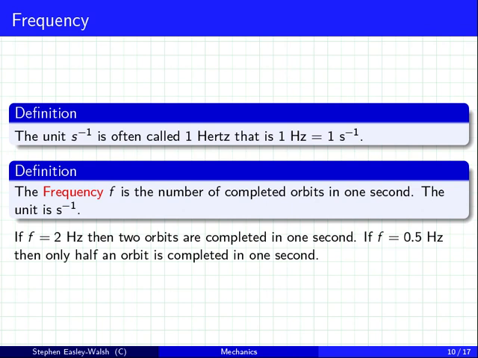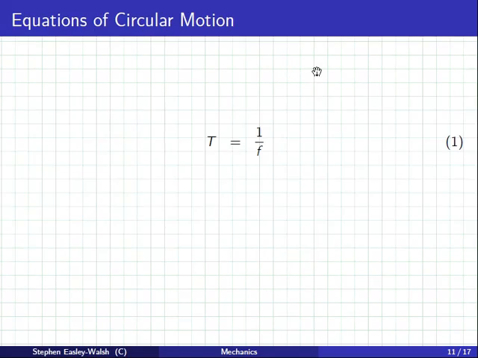Some of these maybe you already know. The first formula is for the periodic time, and that's equal to 1 over the frequency. So that's our first simple formula. Can you see okay?